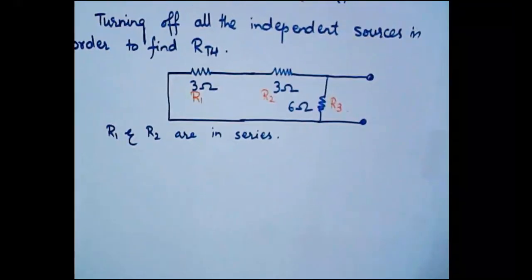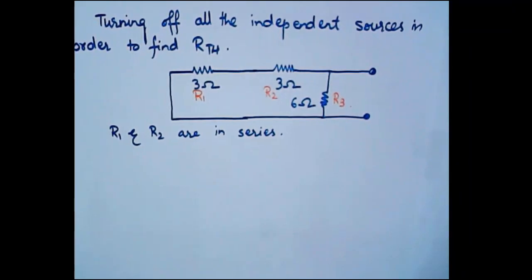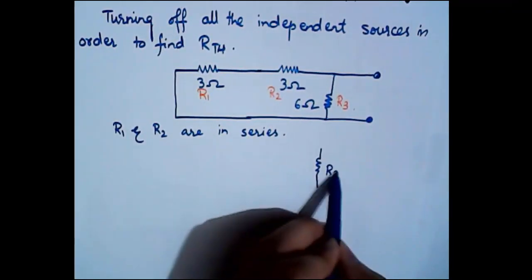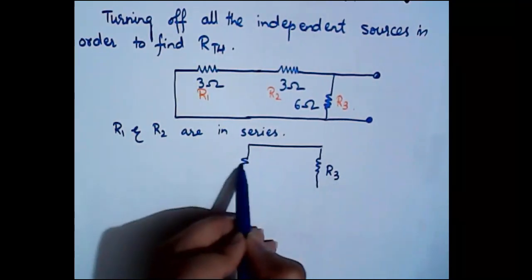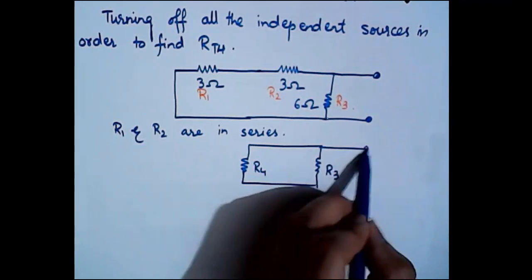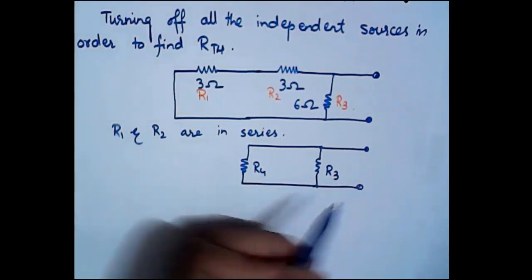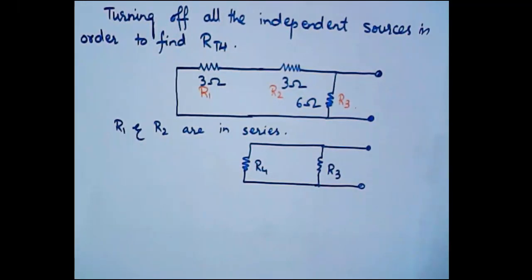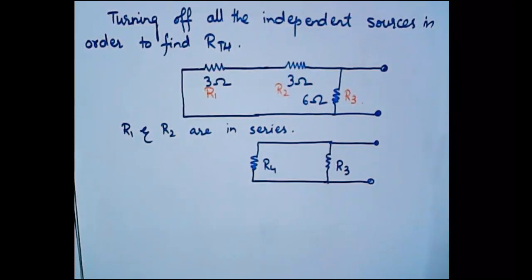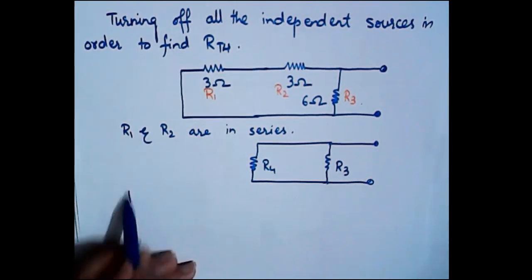And the equivalent resistance will be like this, that here we have a value of R3 and this will be R4. Now you people can easily see that R4 and R3 are now in parallel, which means that we can solve them again.